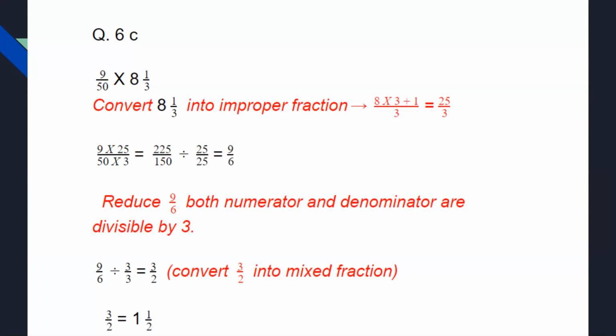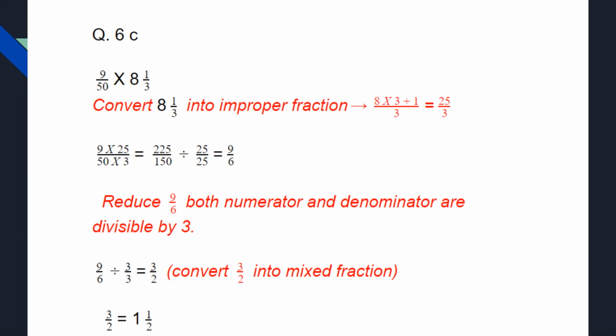Both are divisible by 25. So divide it, we will get 9 upon 6. Reduce 9 upon 6. Both the numerator and the denominator are divisible by 3. So 9 upon 6 divided by 3 is equal to 3 upon 2.